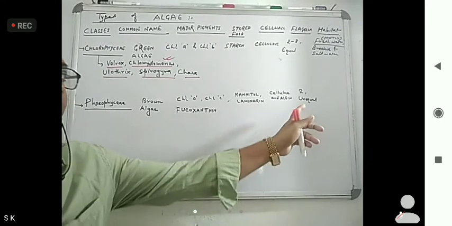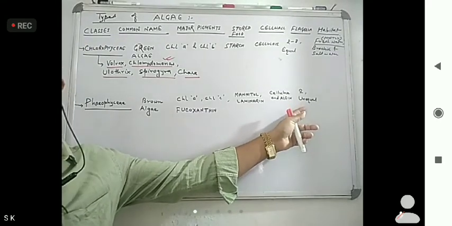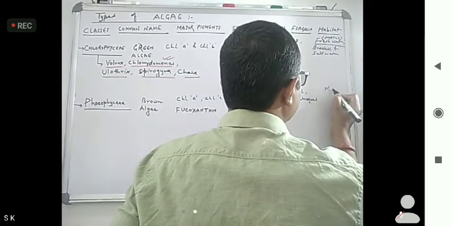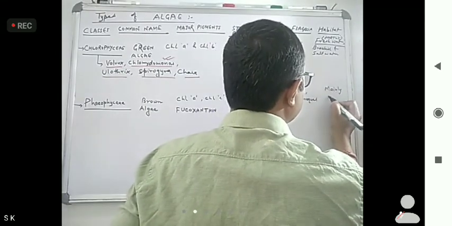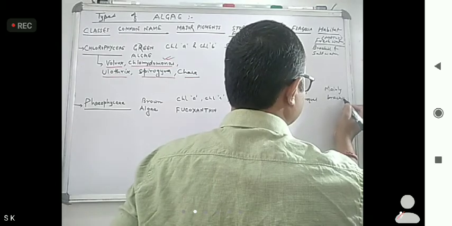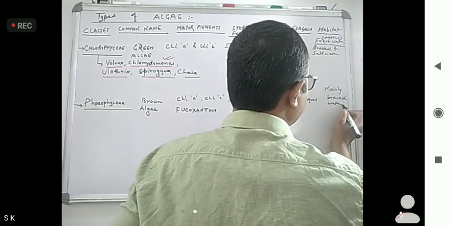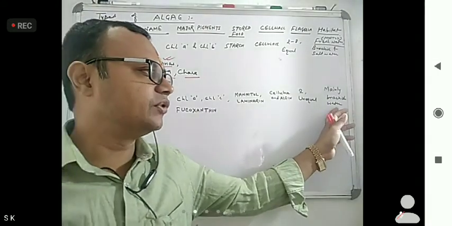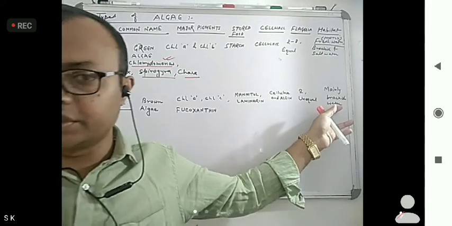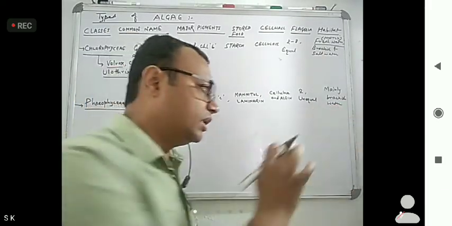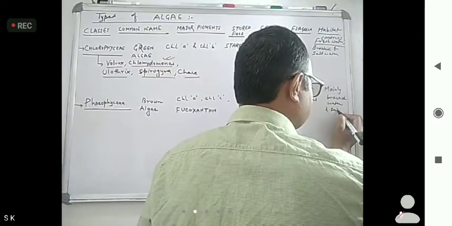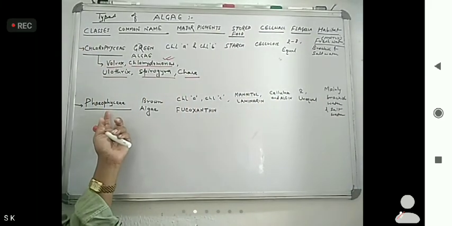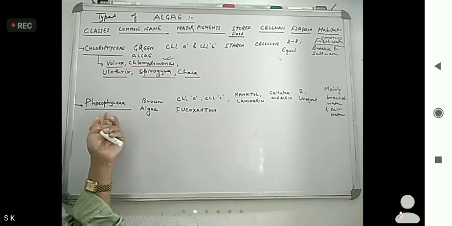They are having two but the size is what? Unequal. Okay. Now habitat, it is what? Mainly brackish water. Some also are in fresh water and some in salt water, but mainly they are found in brackish water and salt water habitat.